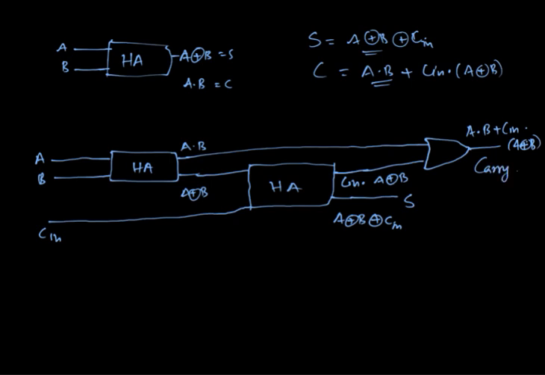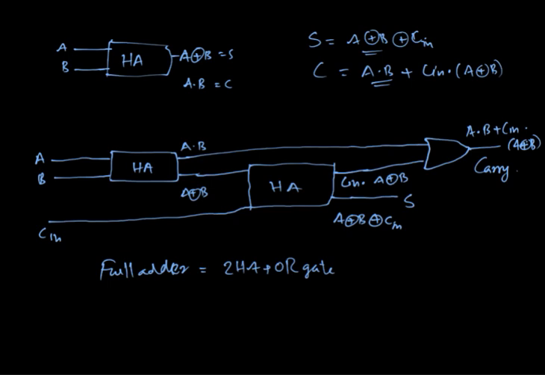So this is the way we can realize a full adder using two half adders. So a full adder actually consists of two half adders plus an OR gate. This is one of the ways to realize the full adder.